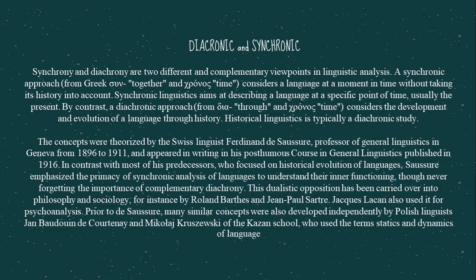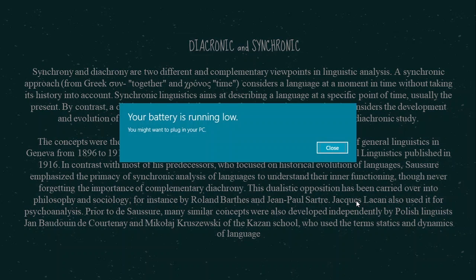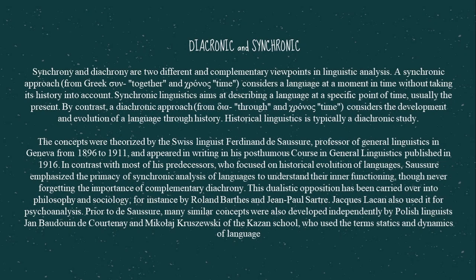In contrast with most of his predecessors, who focused on the historical evolution of language, Saussure emphasized the primacy of synchronic analysis to understand the inner functioning of languages, though never forgetting the importance of complementarity.